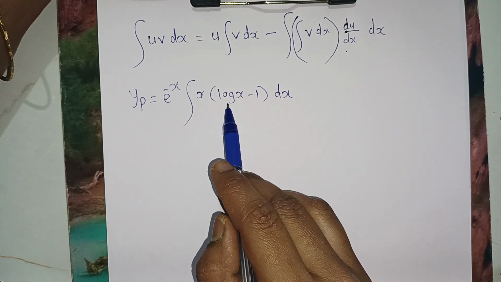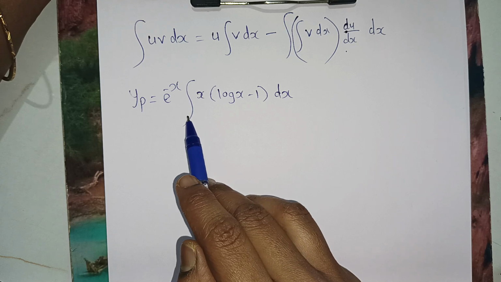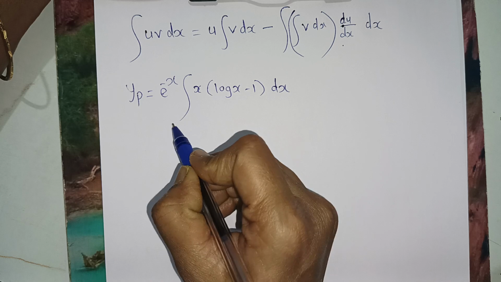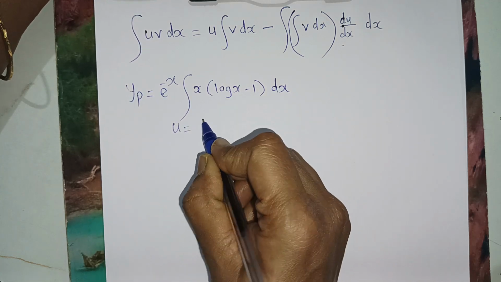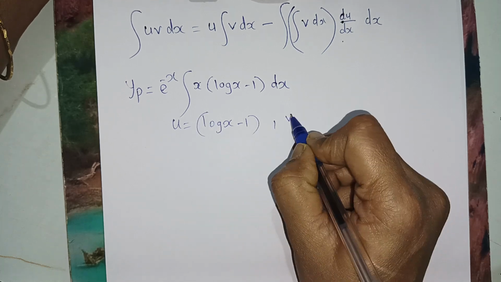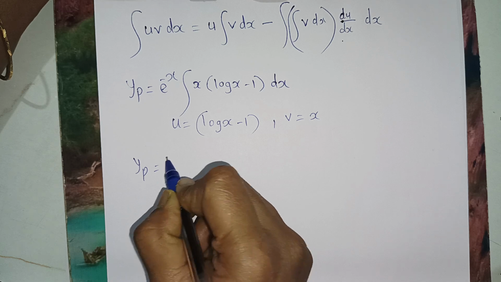Now log x is easy to differentiate, and x is easy to integrate. So you can take u is equal to log x minus 1 for this sum, and v is equal to x.